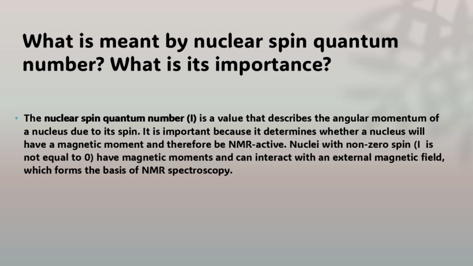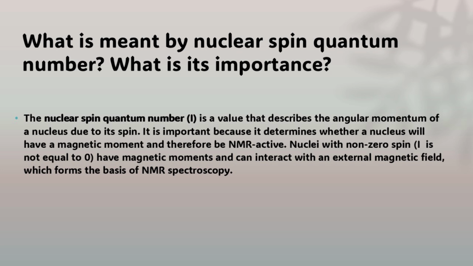The next question is question number 9. What is meant by the term nuclear spin quantum number? What is its importance? The answer to this question is the nuclear spin quantum number, generally represented with the letter I, is a value that describes the angular momentum of a nucleus due to its spin.